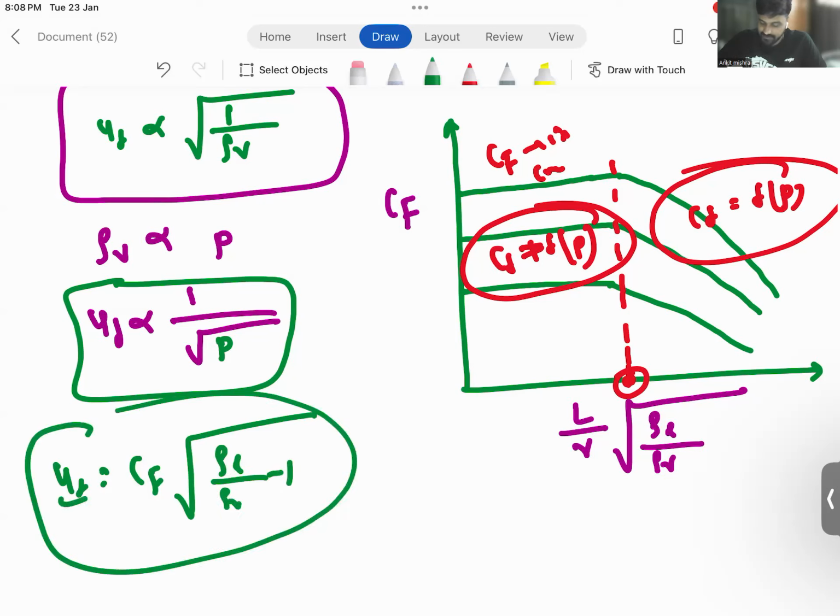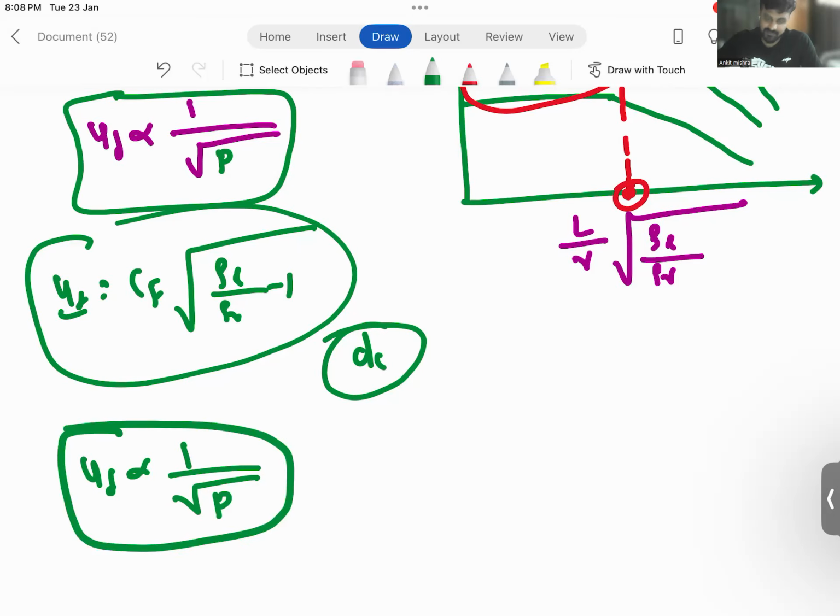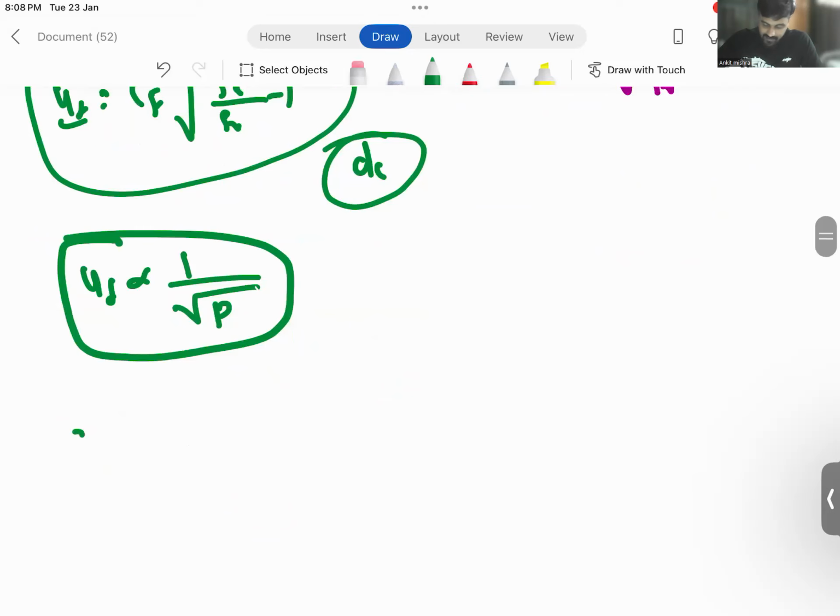Once you get the flooding velocity, you can calculate the diameter of the column. So it's very important to understand this particular thing. I have told you that UF is inversely proportional to root P. Second, the diameter of the column is inversely proportional to the flooding velocity UF.